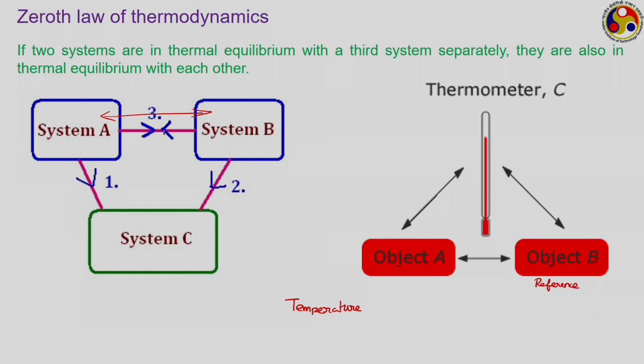Or in other ways we can say that if system A and system B are in thermal equilibrium with each other, then the property that must be equal between them is temperature, because the non-equality of temperature is essential to have heat transfer, and therefore, only when the temperatures are different, then the systems can be having heat transfer across them. So, the concept of temperature comes from the zeroth law of thermodynamics.